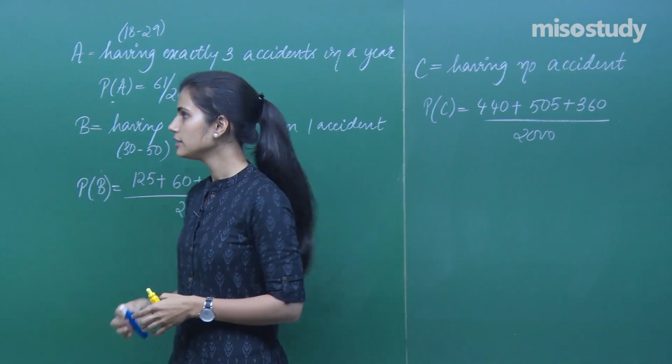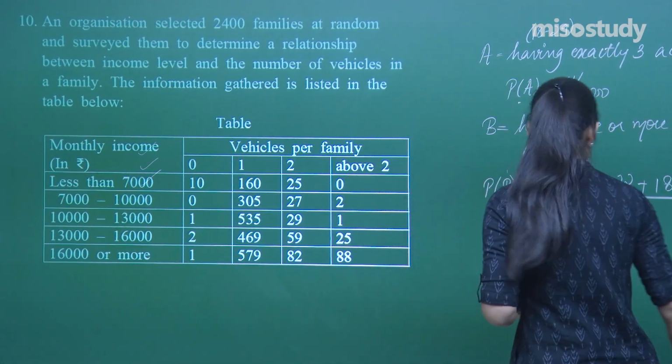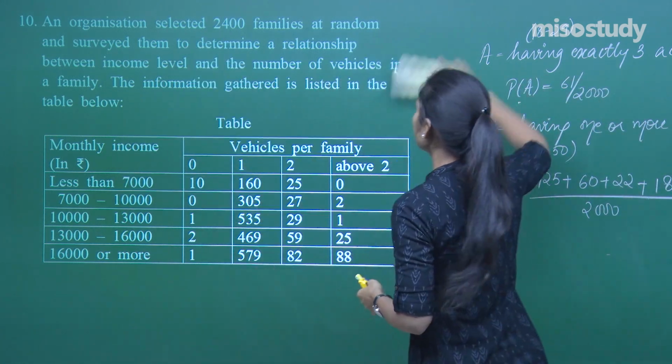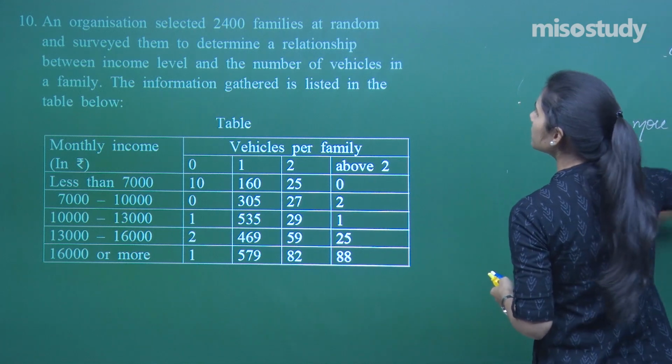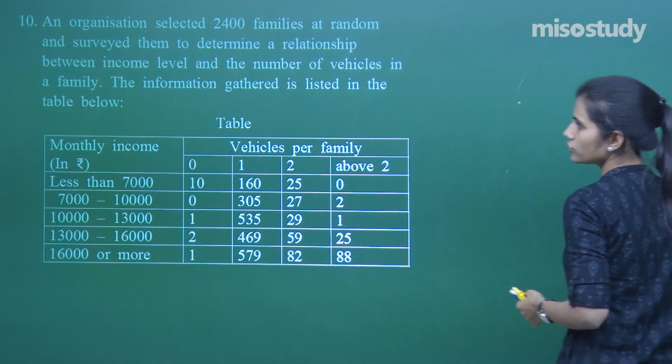Is it clear? Let us look at the next question. An organization selected 2,400 families at random and surveyed them to determine a relationship between income level and the number of vehicles which they have.